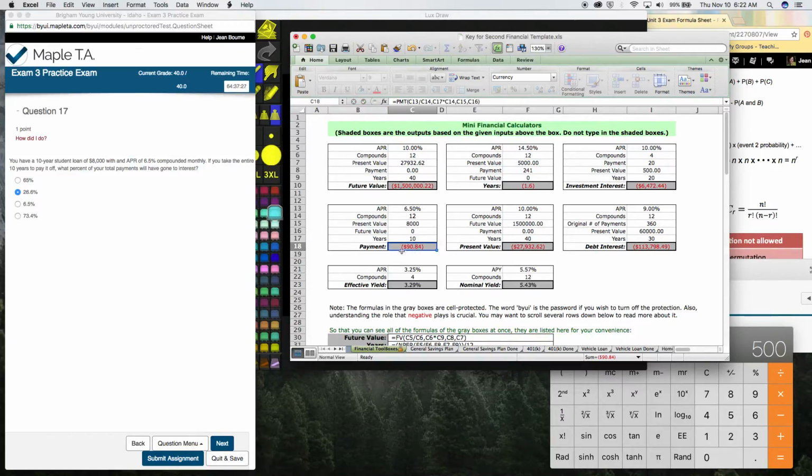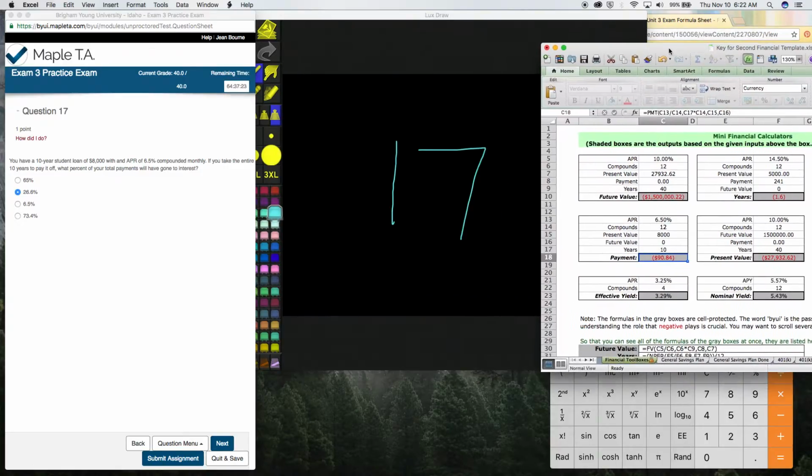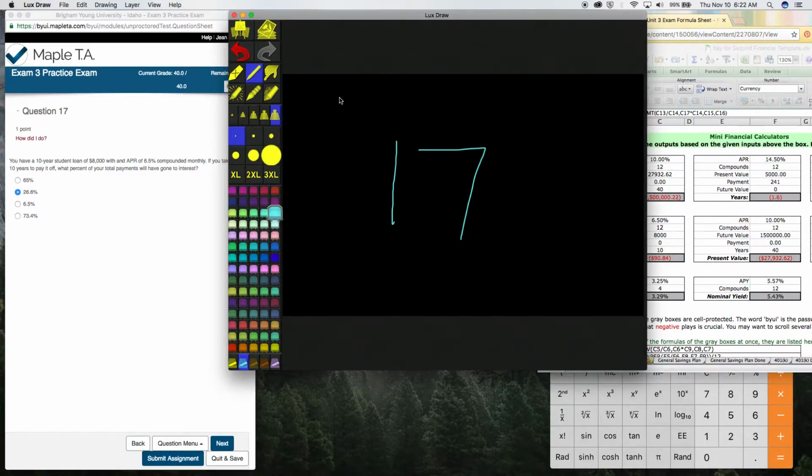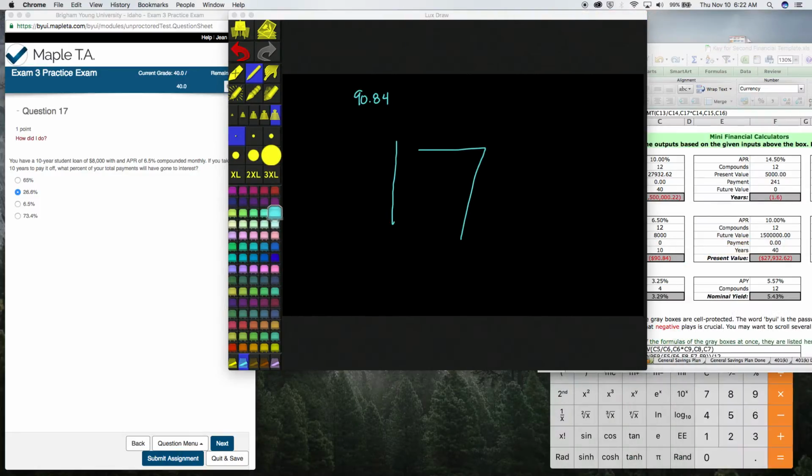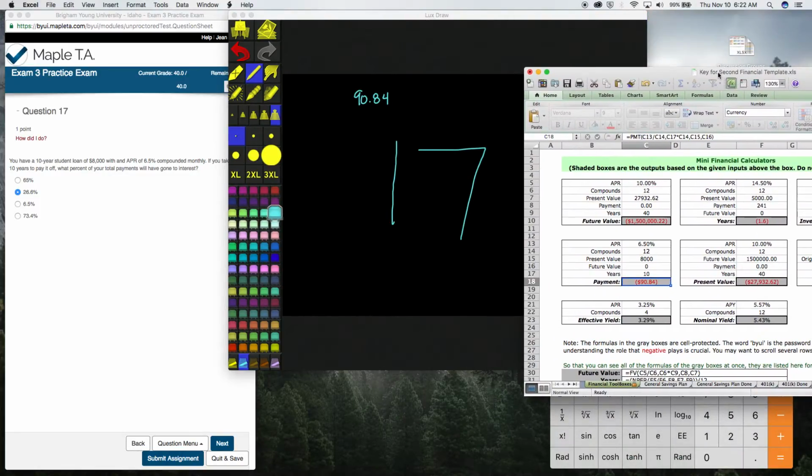So my payment is 90.84. I'm just going to write that down, because that's as much as this calculator is going to do for me. There's another calculator you can use too, but this is going to be 90.84.